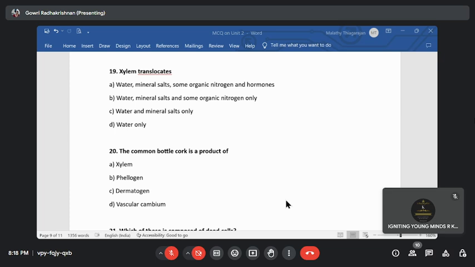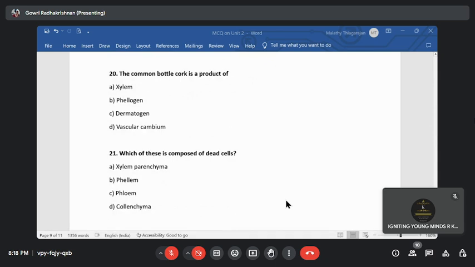Does it translocate only water and mineral salts? Not quite, ma'am. Option A, water, mineral salts, some organic nitrogen and hormones. Everything it translocates. Option A. I told the answer already.